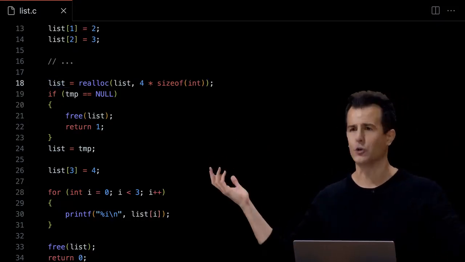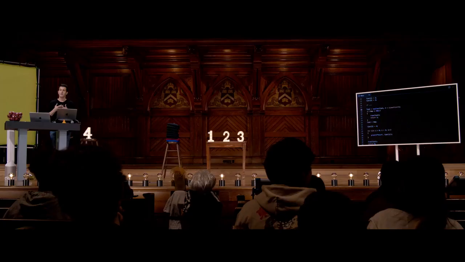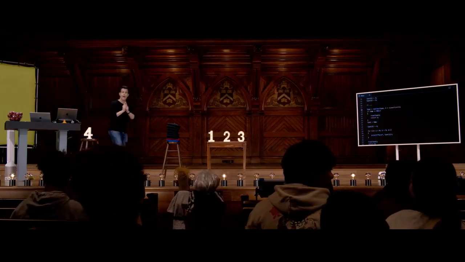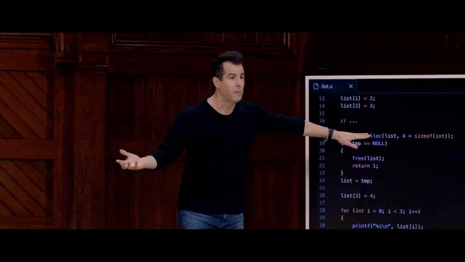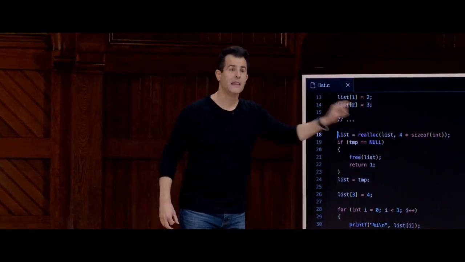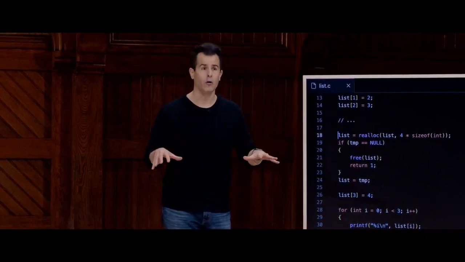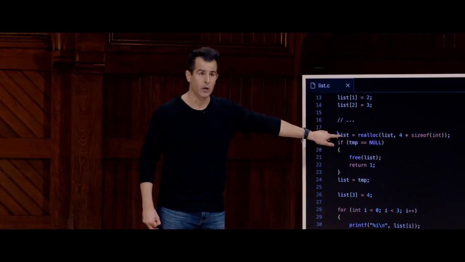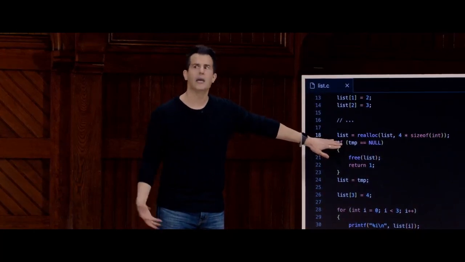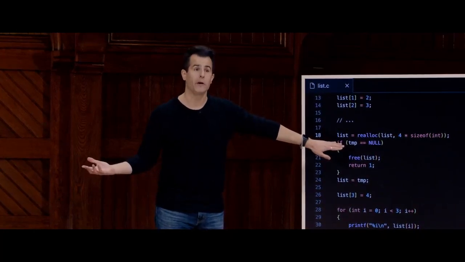OK, so let's not introduce temp. Let's just use list. But here's where a memory leak might happen. In the off chance realloc fails and doesn't have enough memory for your 4 bytes, therefore, it returns by definition null. You can't overwrite the original value of list with null to then check it. Why? Because now who remembers where the original 3 bytes were?